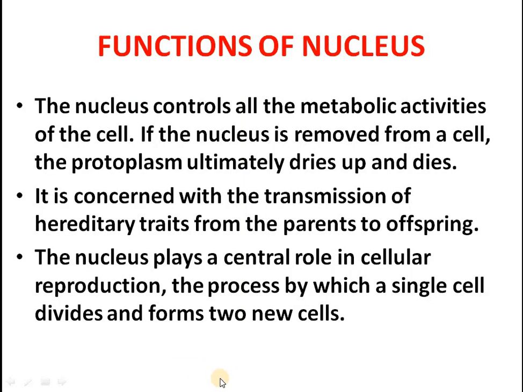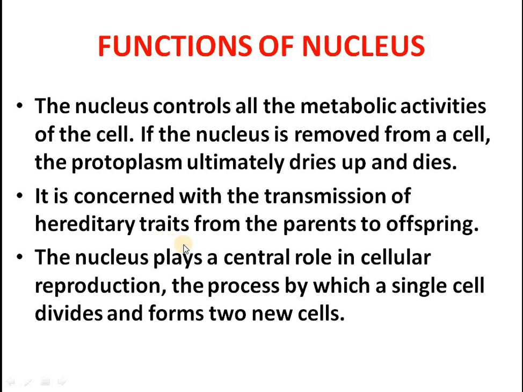Let's proceed further. Now, what are the functions of the nucleus? The nucleus is known as the brain of the cell. Why? Because the nucleus controls all the metabolic activities of the cell. If somehow the nucleus is removed from a cell, the protoplasm ultimately dries up and it dies.